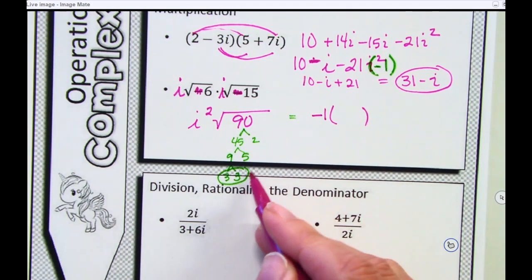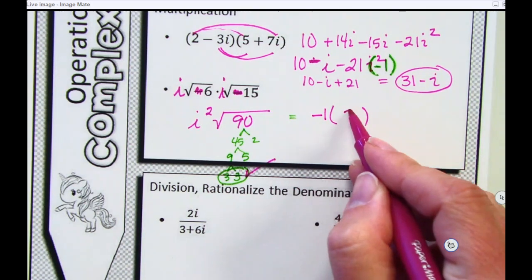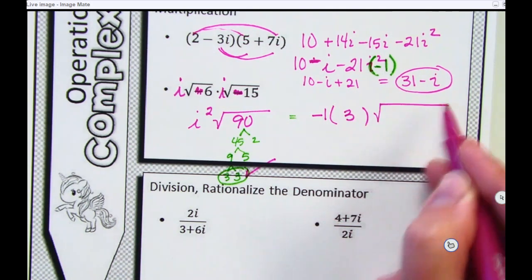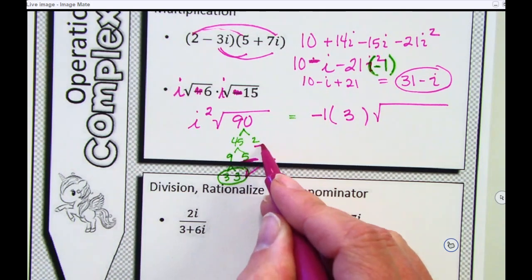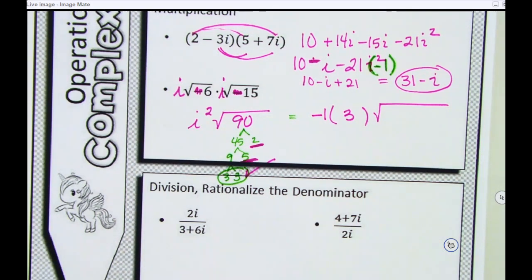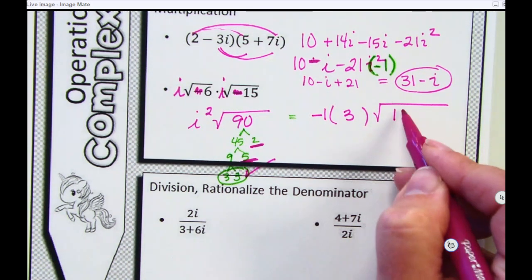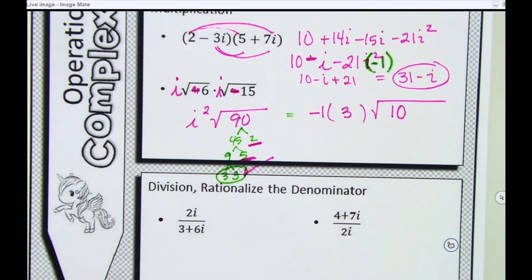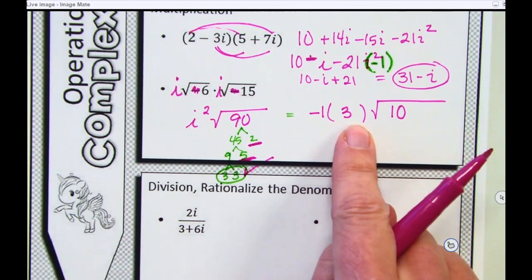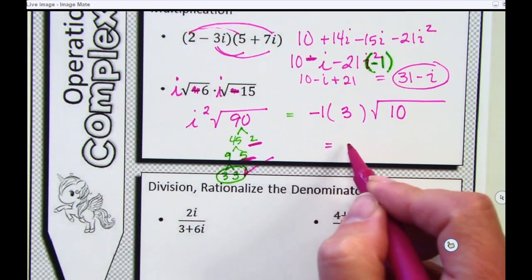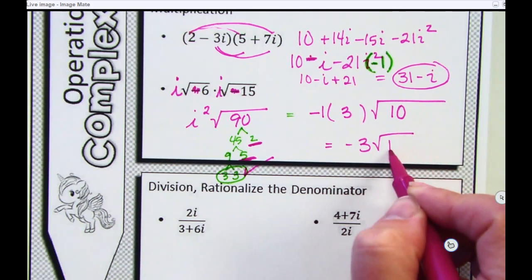What goes out front? A 3. What stays underneath the radical? A 5 and a 2. 5 times 2 is 10. Simplify, my negative 1 times 3 is negative 3 square roots of 10.